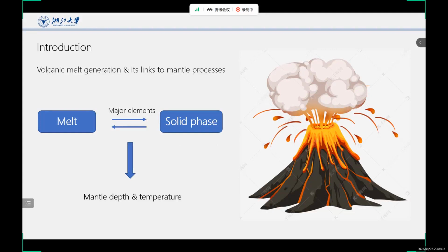So we can do experiments to figure out the relationship between the composition of the basaltic sample and the temperature and pressure. So we can use the composition to calculate the pressure and temperature.